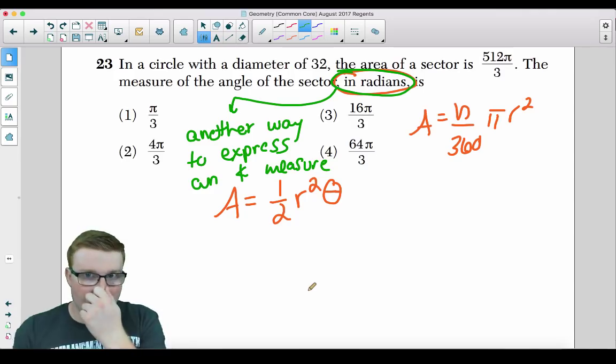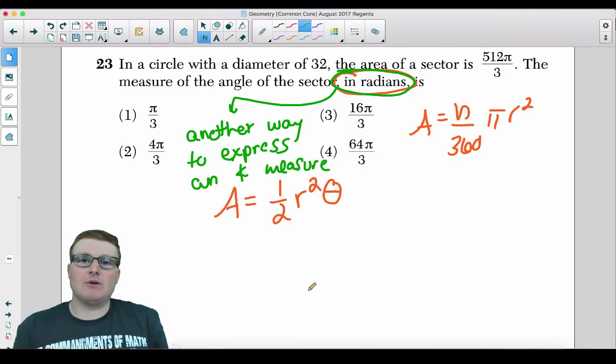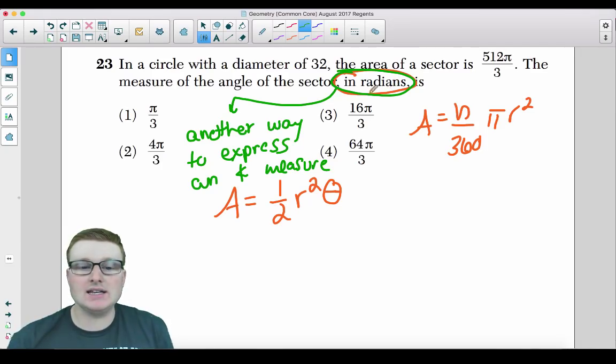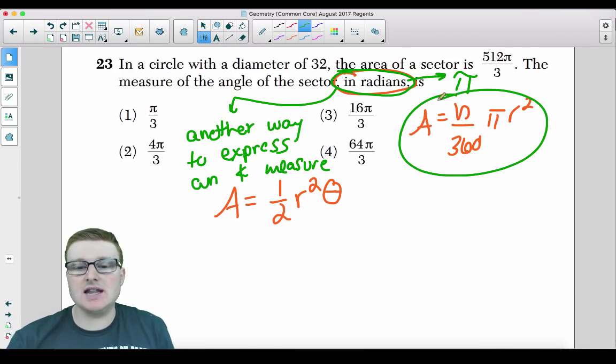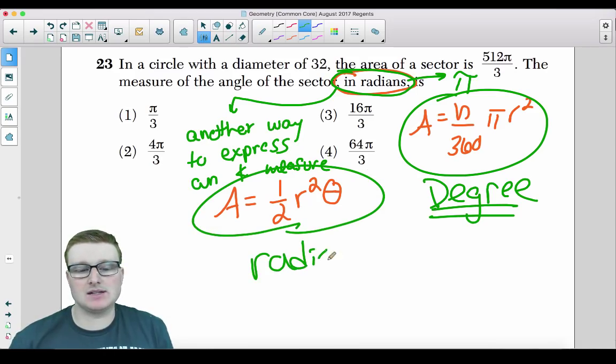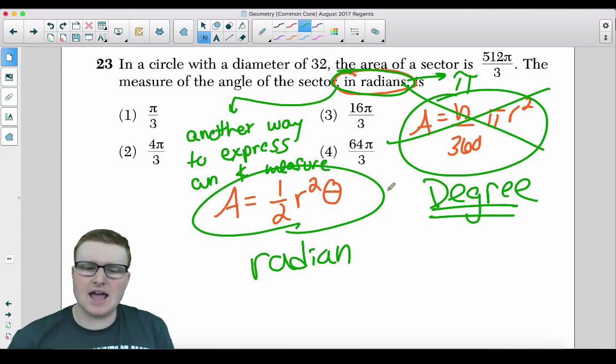The problem with that is when you get to higher level math, you need to start expressing things in radians. Radians is actually expressed with the number pi. So this formula here is nice, but this gives you degree measurements. This gives you radian measurements. You see the difference here? So I would rule out this and use this formula instead.